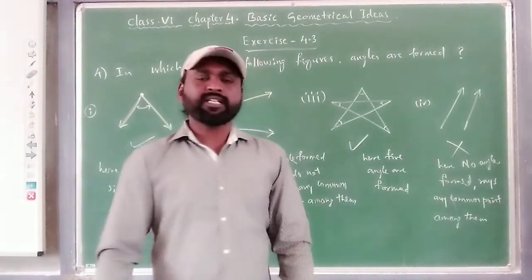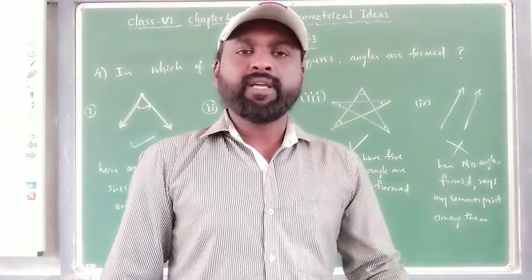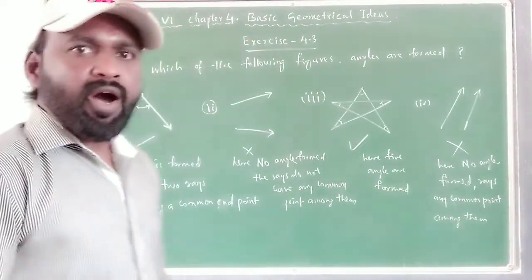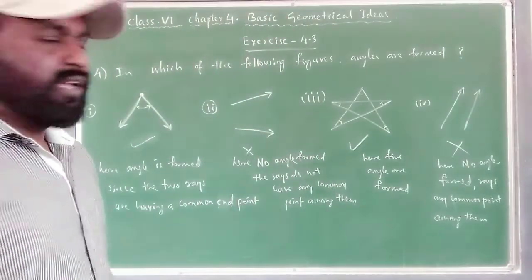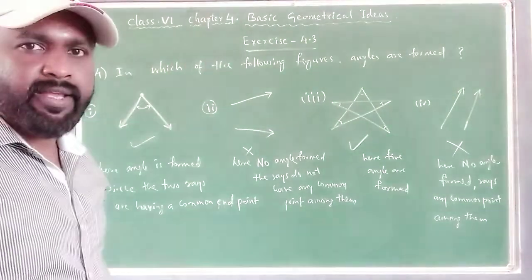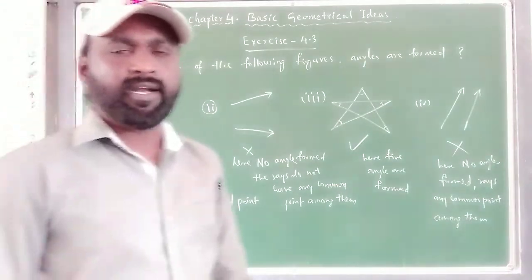The two rays which start from a common point, then only angle will be formed. Otherwise, angle do not form. Hope you all understood today's session. With this question, we have completed our exercise 4.3. Hope you all understood the main concepts of this basic geometrical ideas.